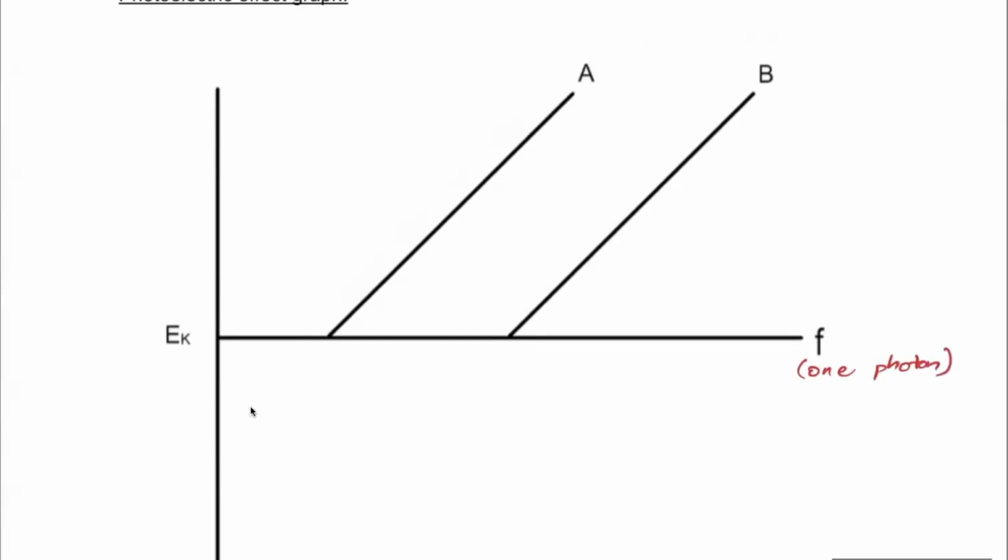Along the y-axis, we have kinetic energy for one emitted electron. Interesting. Okay, now here's the very snazzy part. The slope of each of these lines, if you notice, they are parallel, right? We've got 2 parallel lines here. So will the slopes be the same or different?